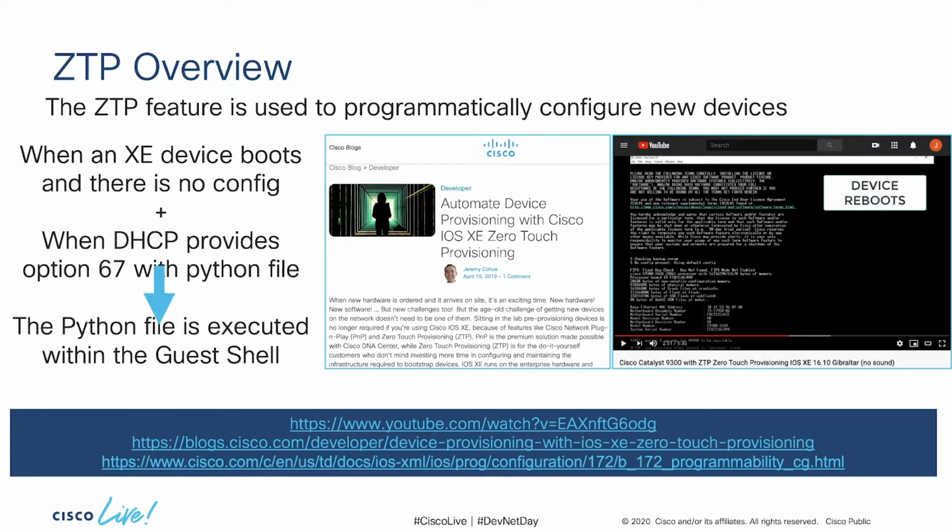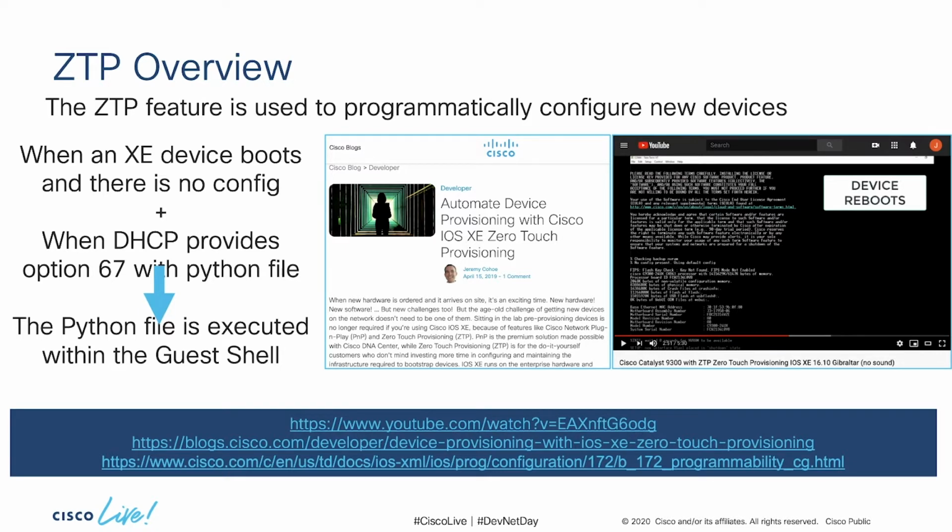What happens when an iOS XE device boots up and there's no configuration on it? It will get a DHCP option 67 back with a Python file from the DHCP server, and it will execute that file within the guest shell.